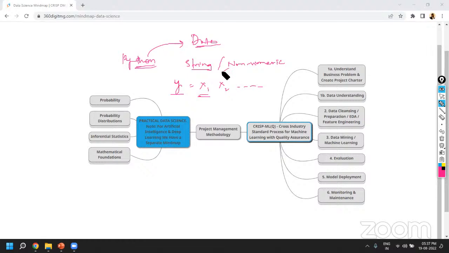If the date is in a non-numeric format, then obviously you'll not get any right computations done here, right? If non-numeric values are there, you cannot finish the mathematical equation, right? So in this case, you might want to represent this non-numeric date with numeric values.